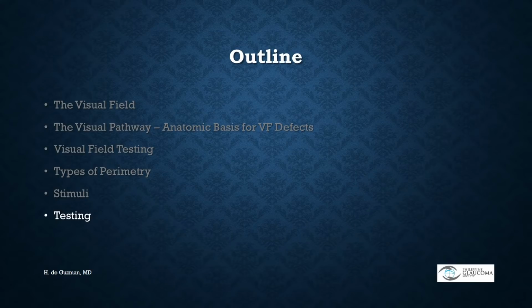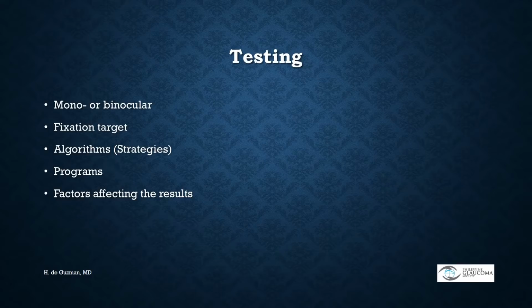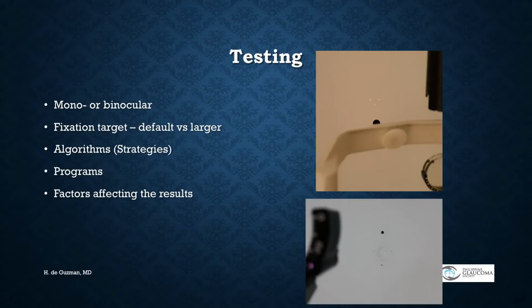Now we'll talk about testing. Perimetry testing can be done either monocular or binocular. For the fixation target, there's usually a default one, and for patients with maculopathy, you can request a larger target.